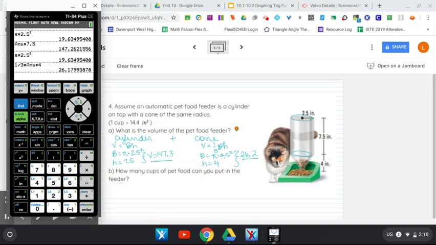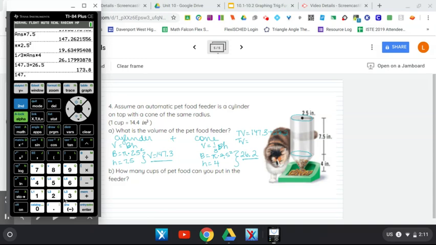So I have my volume for the cone and the volume for the cylinder here. So we can find the total volume of the pet food feeder by adding these together. So 147.3 plus 26.2. Whoops, I typed in the wrong number.